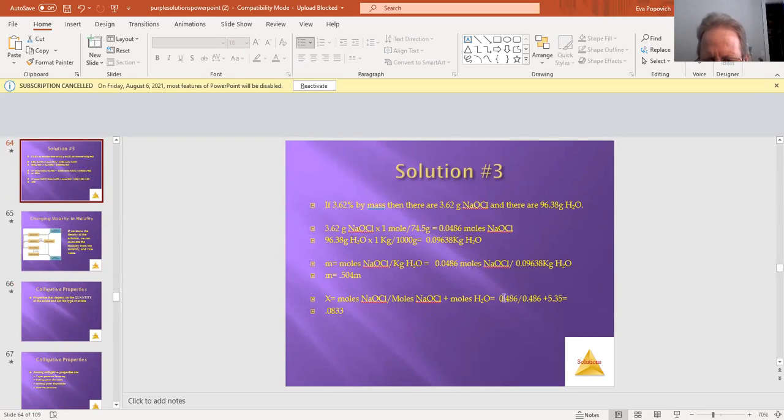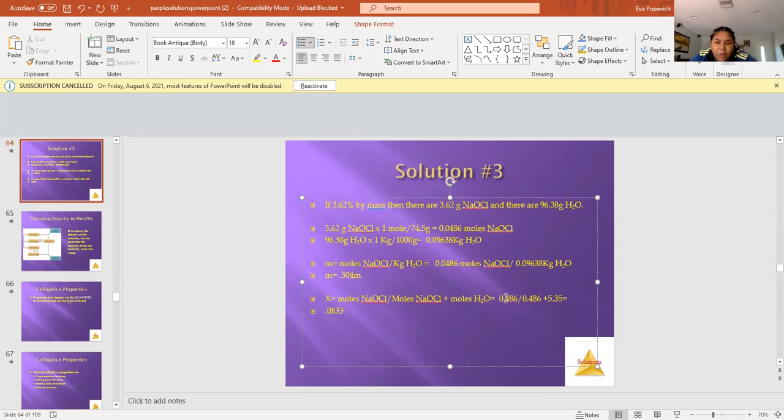Ah, no, there is an error there, and this is what it should be. But wouldn't 0.0486 divided by 0.0486 equal 1? No, because it's divided by 0.0486 plus 5.35. I don't get it. Let me redraw it for you, okay?